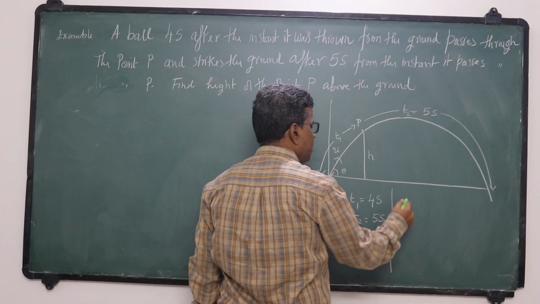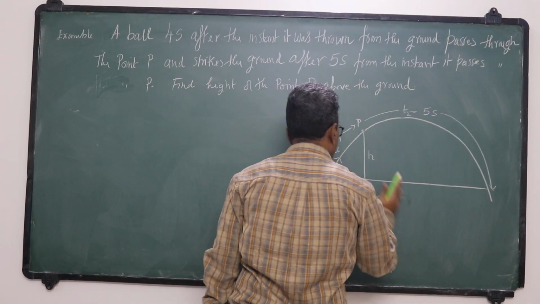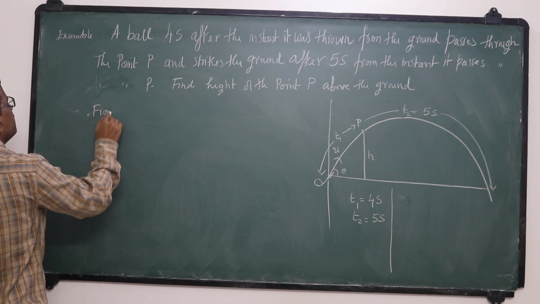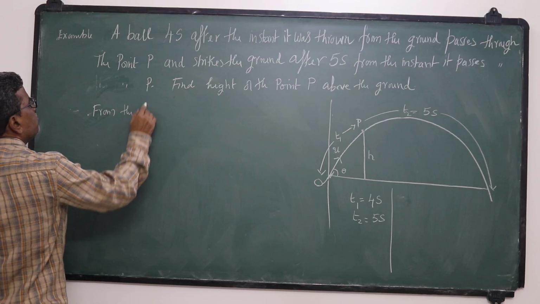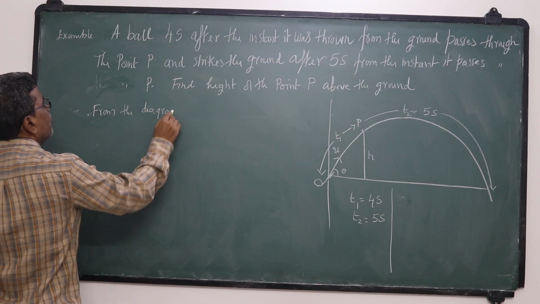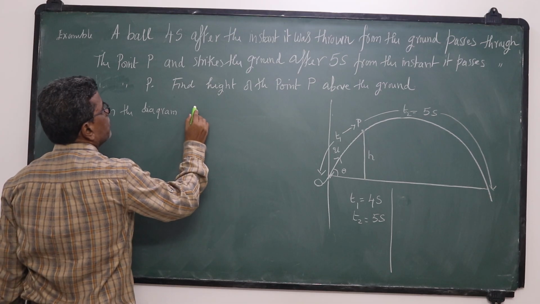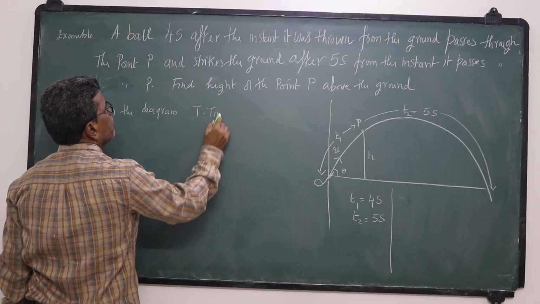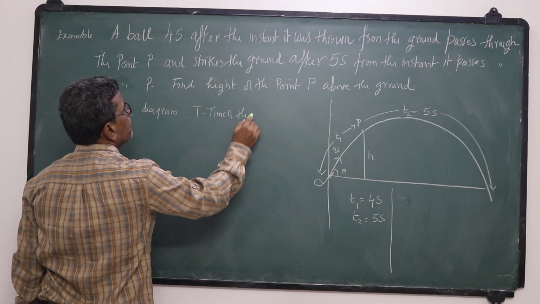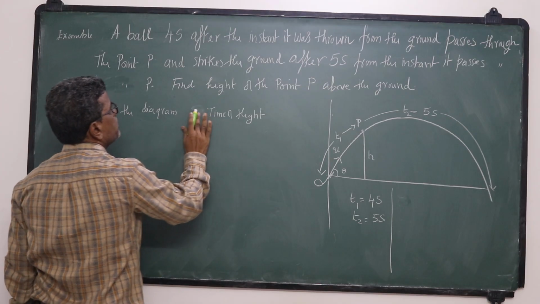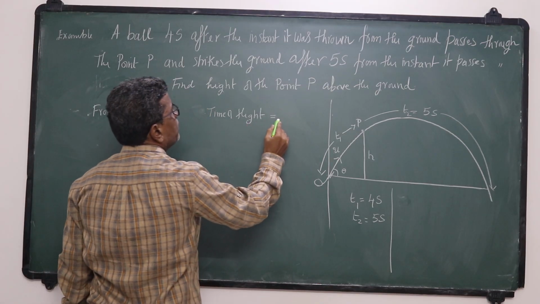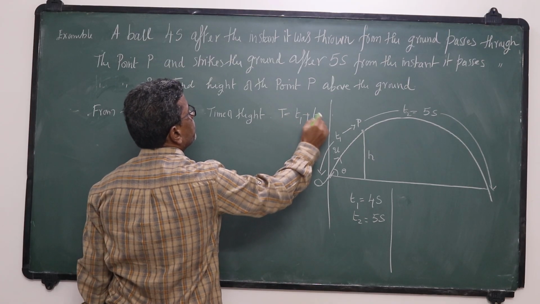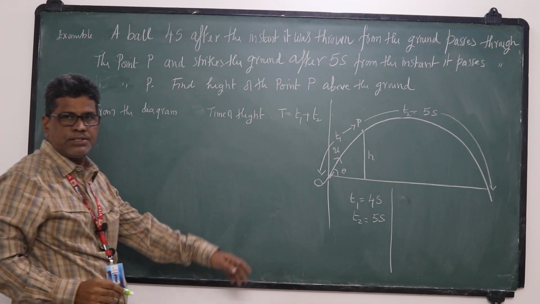From the diagram, the time of flight, represented with capital T, is t1 plus t2.